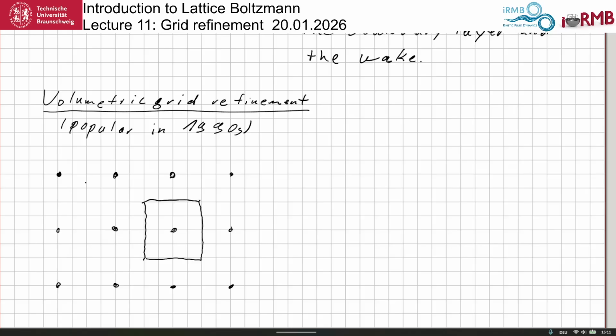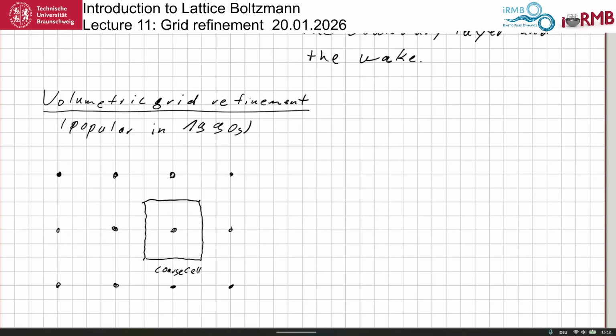When people talk about lattice Boltzmann cells, what they mean is usually the volume around one node, obviously. I say obviously, even though it's actually not obvious. But in this volumetric approach, this here is considered a cell, and this would be a coarse cell.